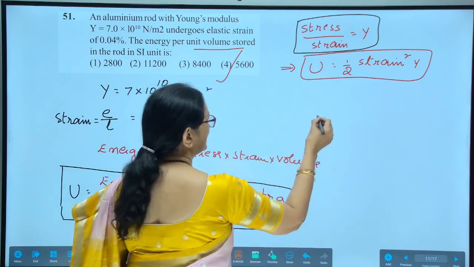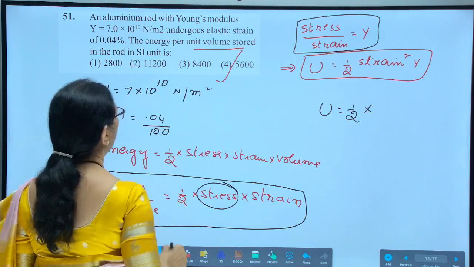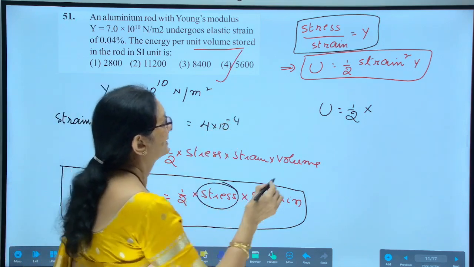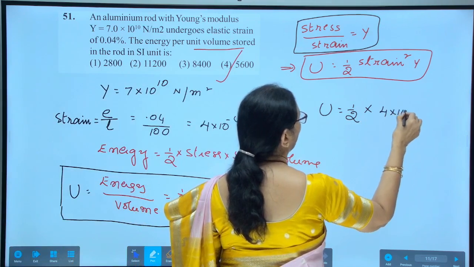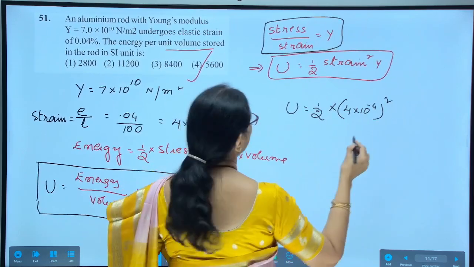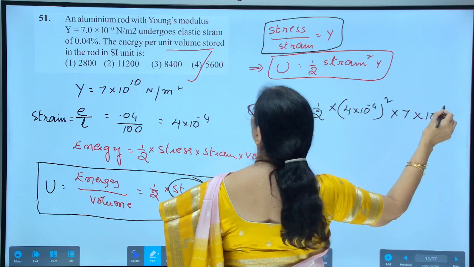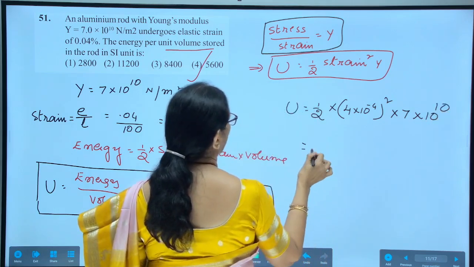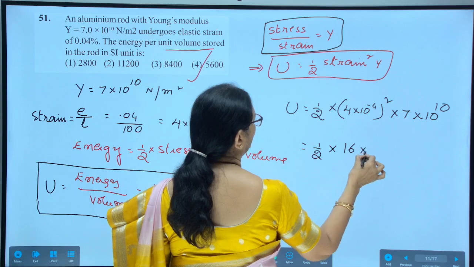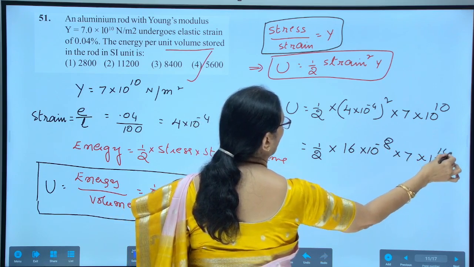That's it. So let us calculate the energy density. Half, what is the strain given? 0.04%. That is 4 into 10 to the power of minus 4. 4 into 10 to the power of minus 4 strain square into Y. So what is Y here? It is given as 7 into 10 to the power of 10. So this becomes half, 4 square is 16 into 10 to the power of minus 8 into 7 into 10 to the power of 10.